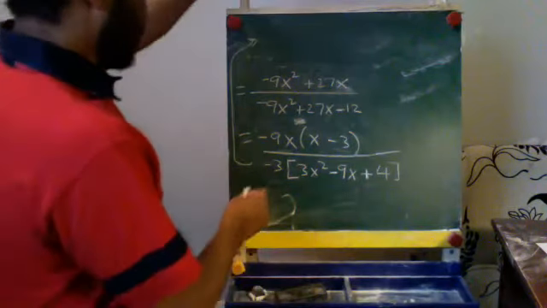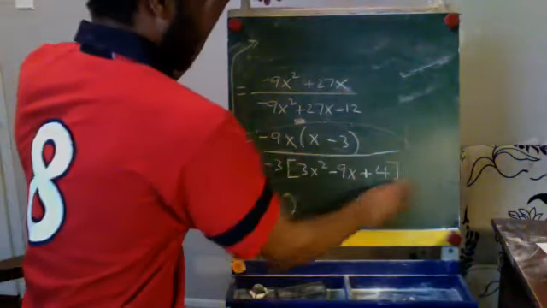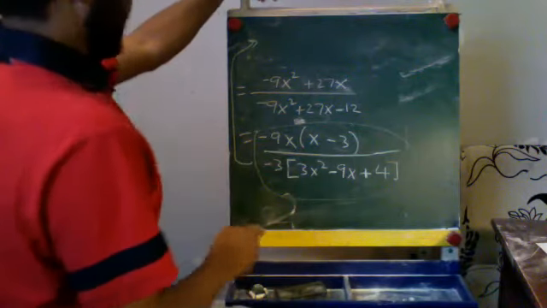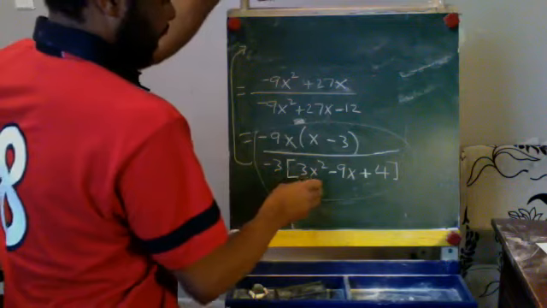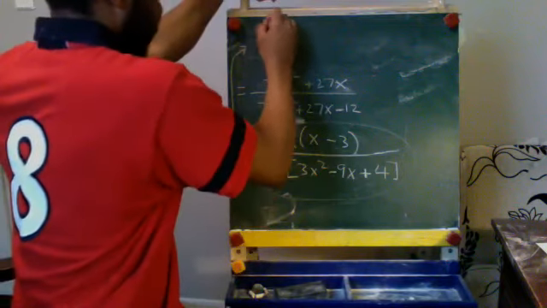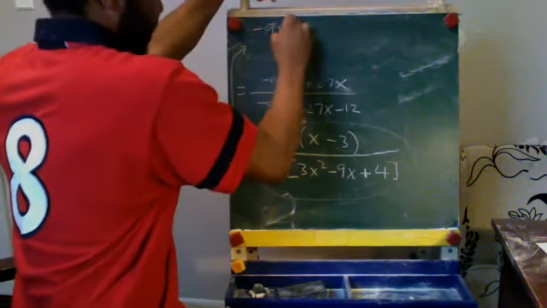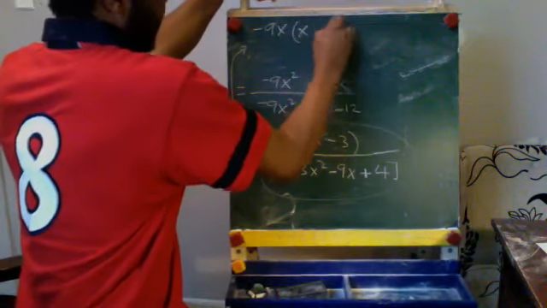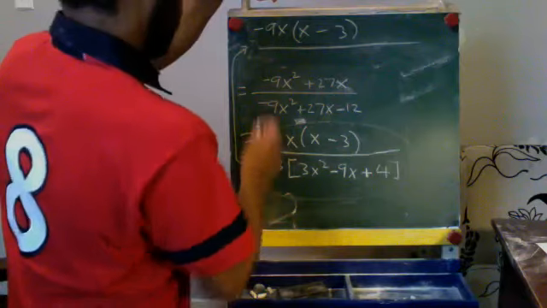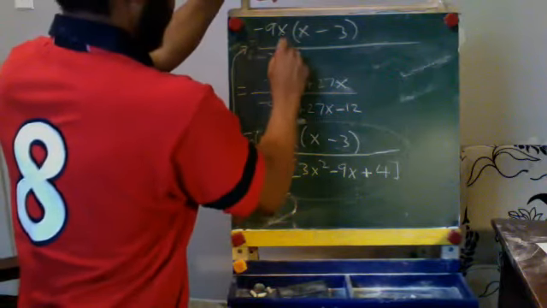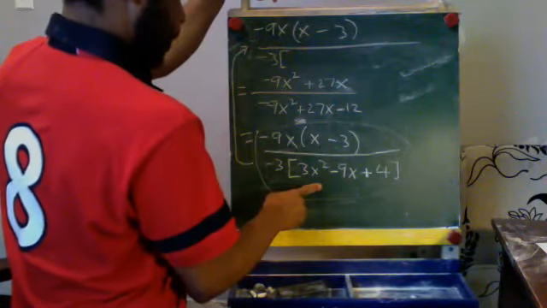So anyway, I'm going to take this particular thing and I'm going to do some factoring in the denominator. So again, I have my negative 9x, x minus 3, and negative 3 here. And I'm going to factor this, right?